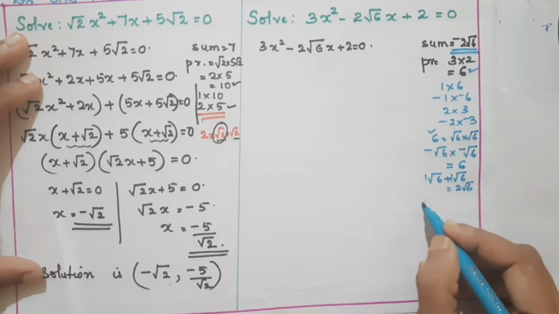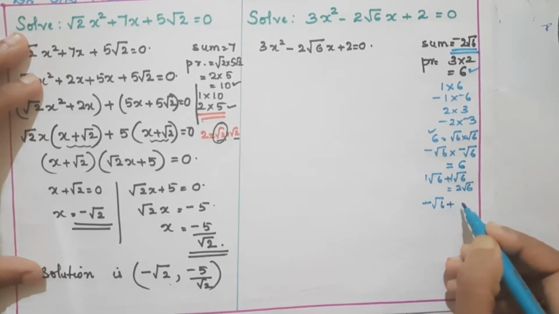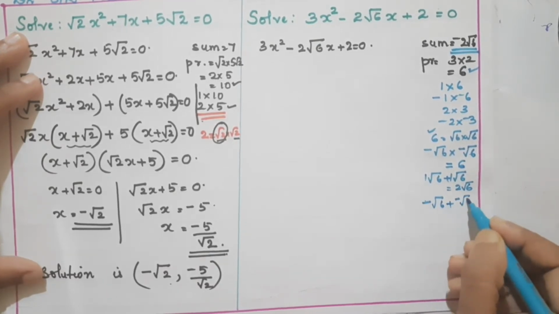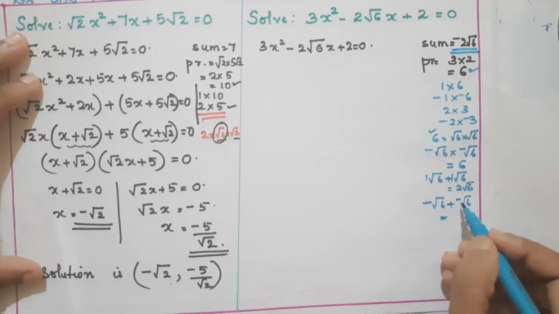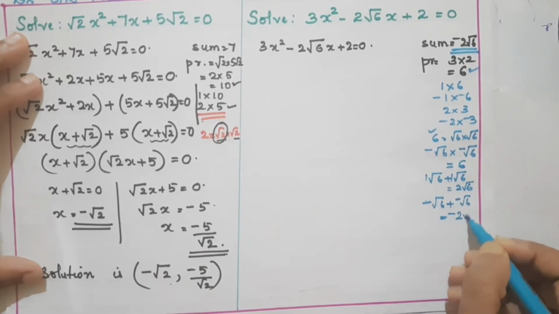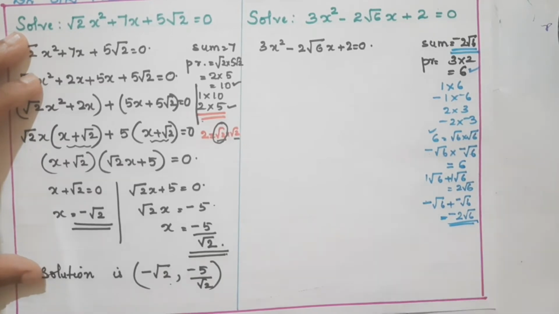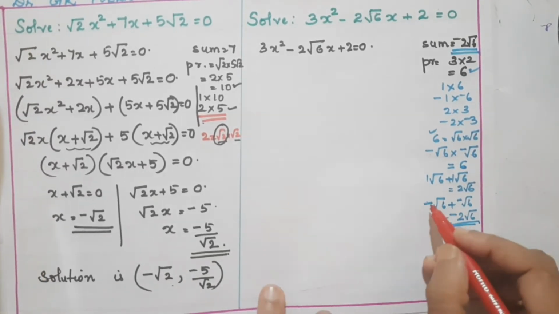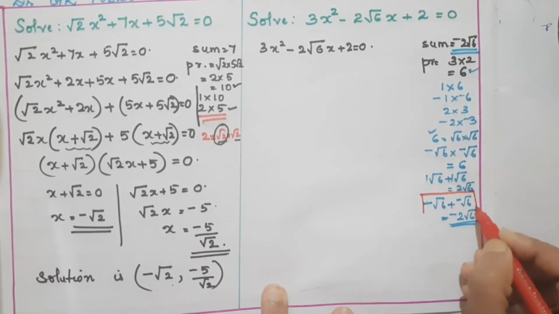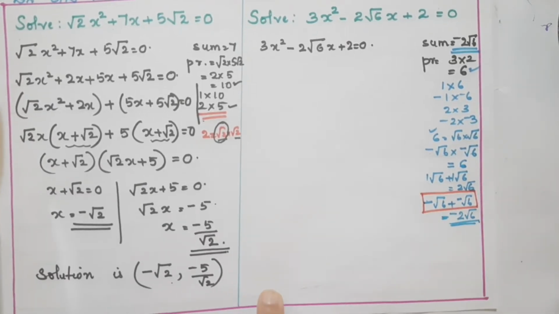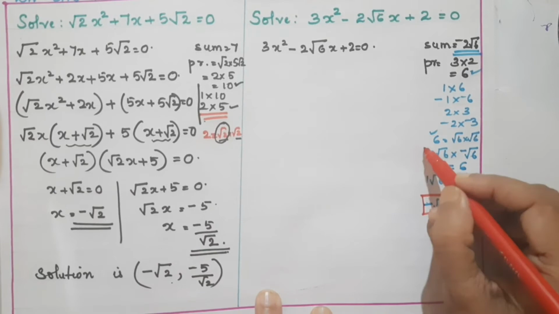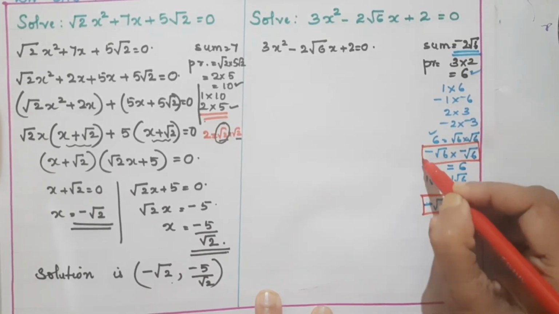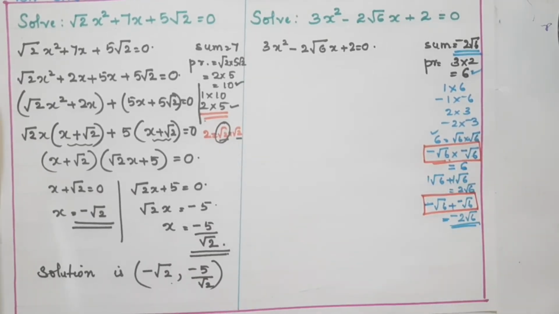This one. So minus root 6 plus minus root 6 is minus 1 minus 1, minus 2 root 6. Okay, so which is our suitable pair? This one, minus root 6 and minus root 6. So this is our pair of numbers we have to consider for factorizing this one.